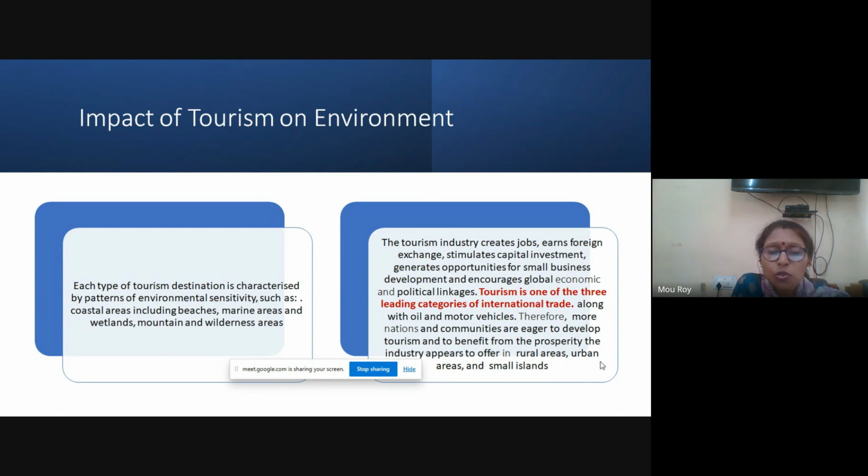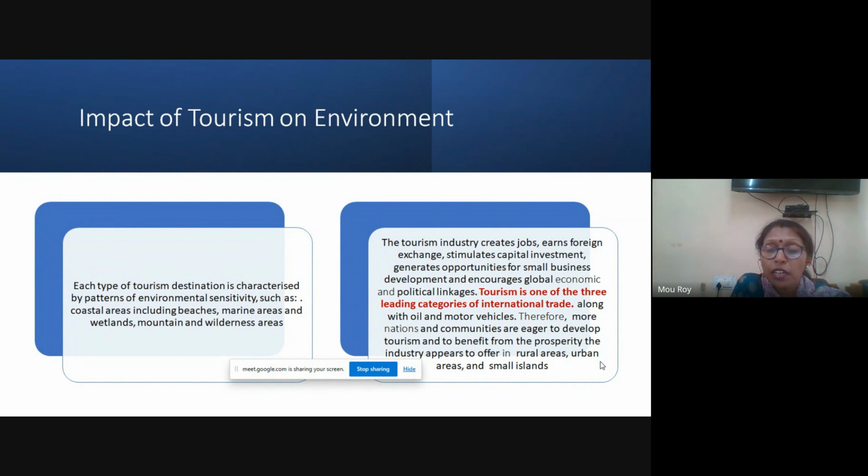So you have to ensure that tourism depends much on the environment, and the environment also depends on tourism. Because through tourism, a lot of jobs are created, it earns foreign exchange, stimulates capital investment, generates opportunities for small business development, and encourages global economic as well as political linkages.